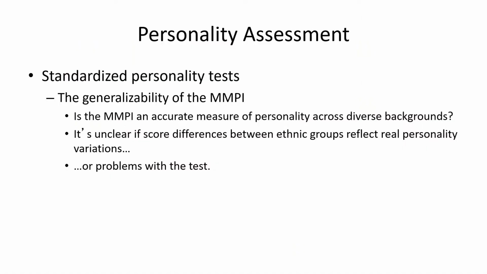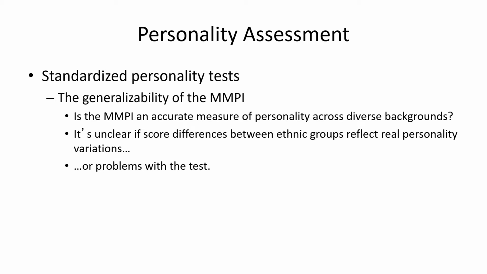Now, generalizability of the MMPI. Is it an accurate measure of personality across the board? One of the things that we know is that some subpopulations will score higher in categories that would lead to thinking they have some sort of psychopathology.